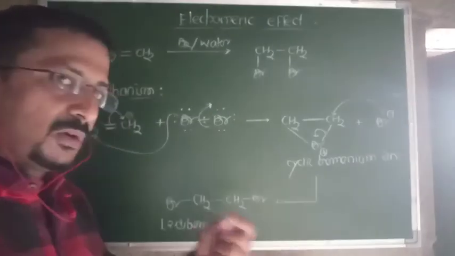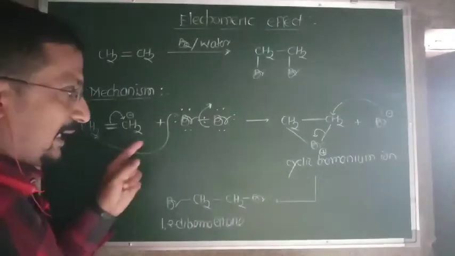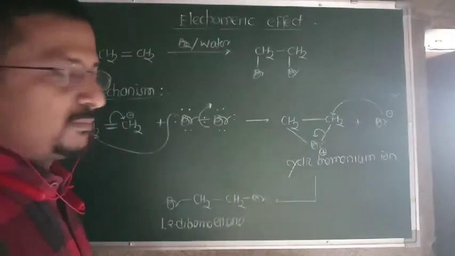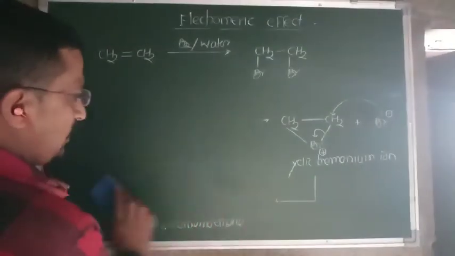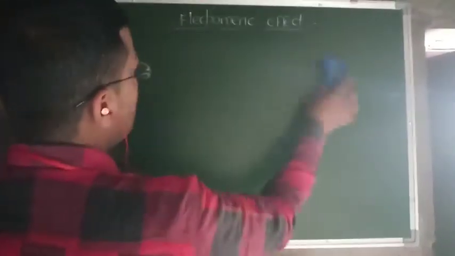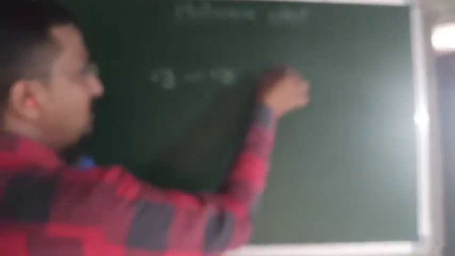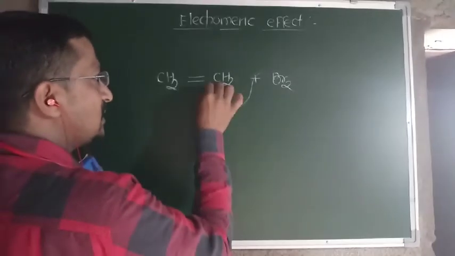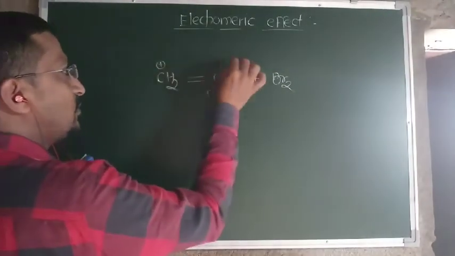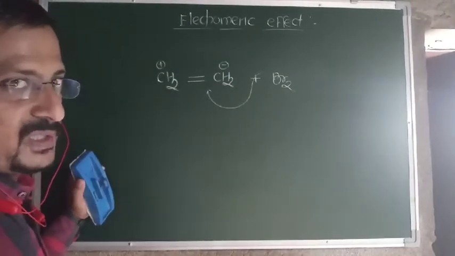It is the addition of bromine or chlorine across a double bond, and is a characteristic test to check the unsaturation present in an organic molecule. Now, if you consider unsaturated compounds, this effect is a temporary effect. Why is this a temporary effect? Because if you consider CH2 double bond CH2, and suppose a bromine molecule is there, when this bromine approaches this pi bond, then and only then positive and negative poles are created on the substrate.